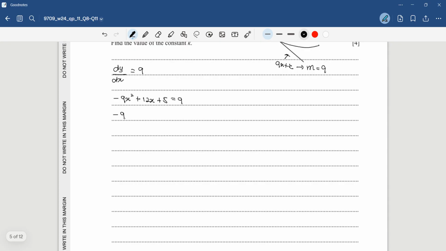So negative 9x squared plus 12x minus 4 equals 0. So you can divide by negative 1. So it's going to be 9x squared minus 12x plus 4 equals 0. So (3x minus 2) squared equals 0. So my x equals 2 over 3.